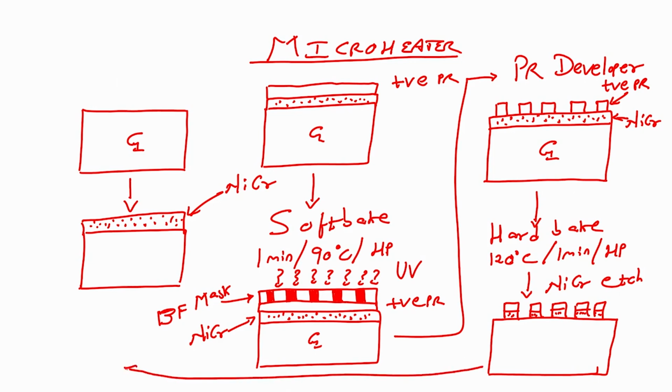After this, stay with me. After this, I will dip this wafer in acetone. What is the role of acetone? It will strip off my photoresist, this is my photoresist, this is nichrome, and what is my substrate? Substrate is glass, right. So, when I dip this wafer in acetone, what will I have?